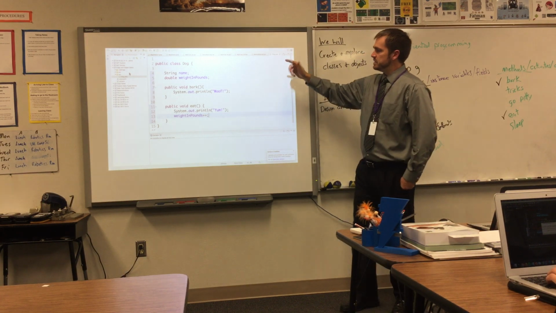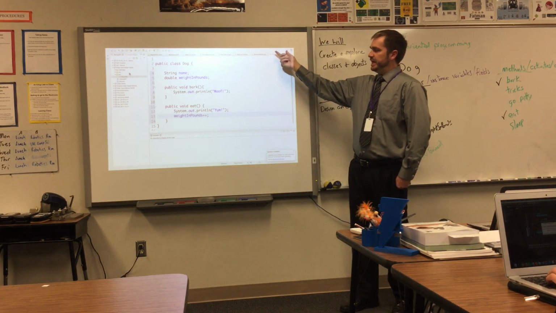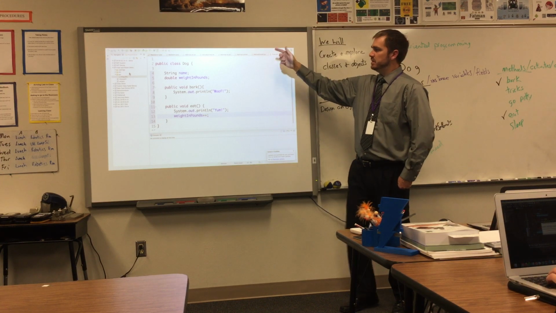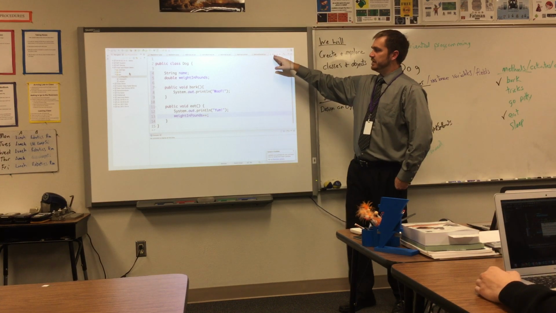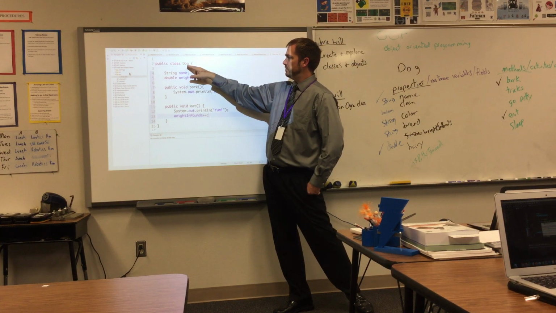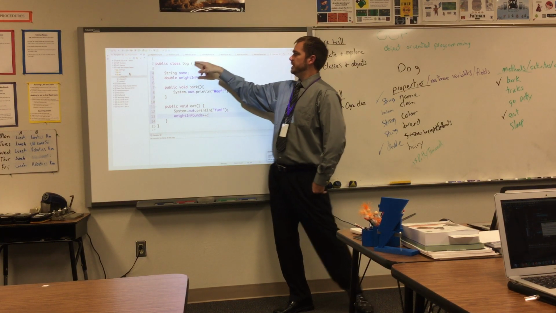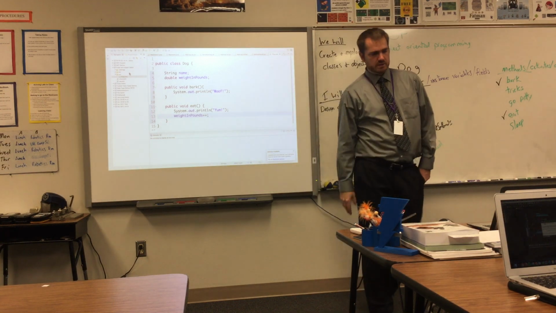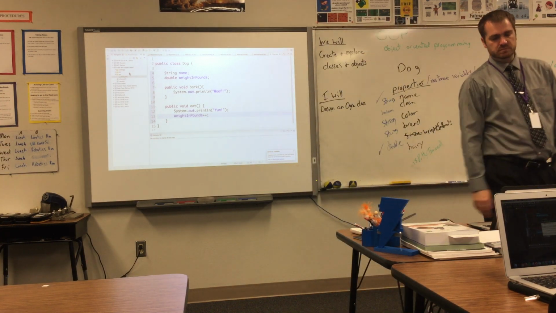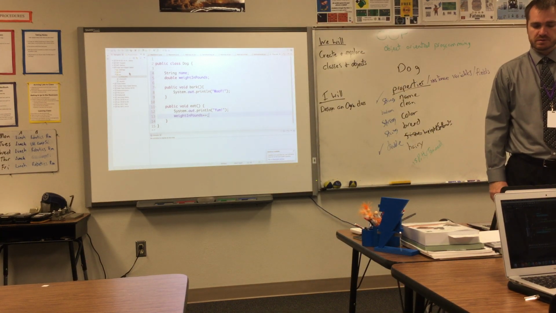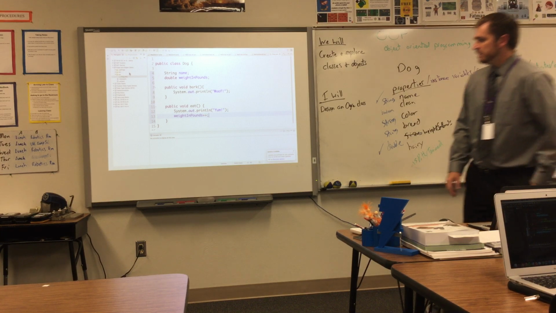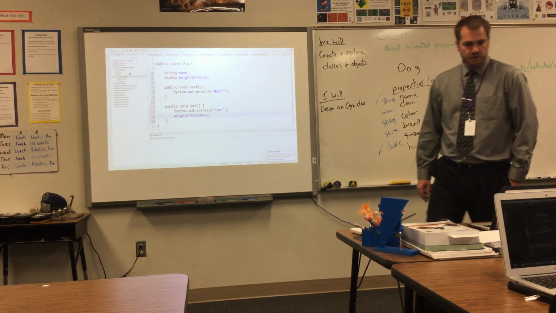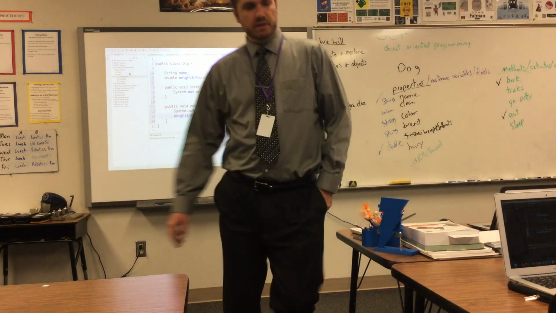The file name has to be the same spelling and everything as the class name. So this is the Dog class. It has to be in Dog.java. Like I said, as always, Java is case sensitive. All right. Go ahead and save that and run that.